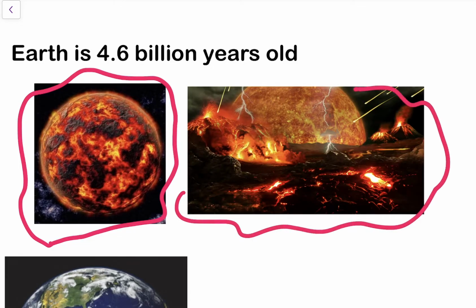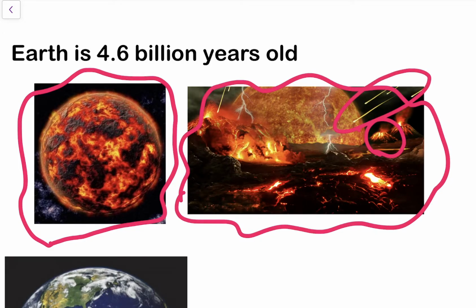In this recreated picture here, we could see some of the volcanoes that might have been on the surface of the Earth. We see there are a lot of meteors or asteroids striking the surface of the Earth. There was no atmosphere. There was nothing to protect the surface of the Earth. So it got hit with a lot of objects from space.